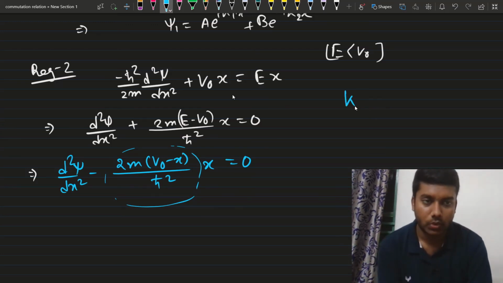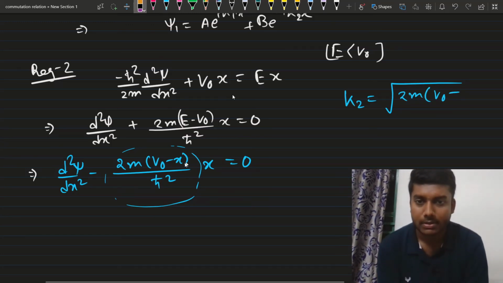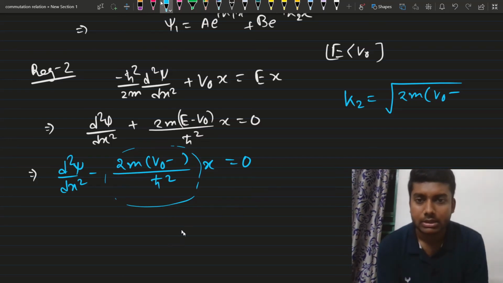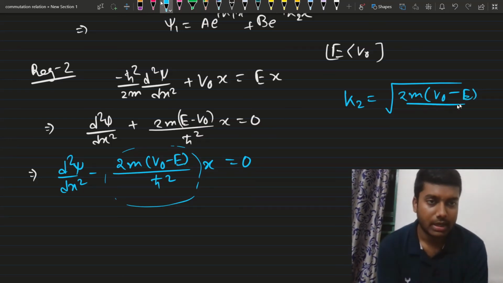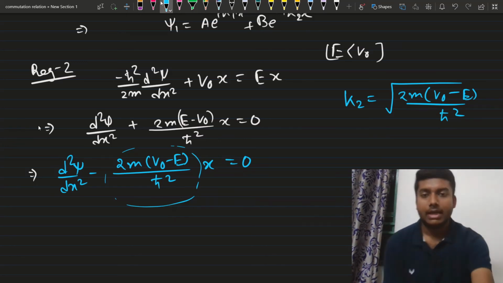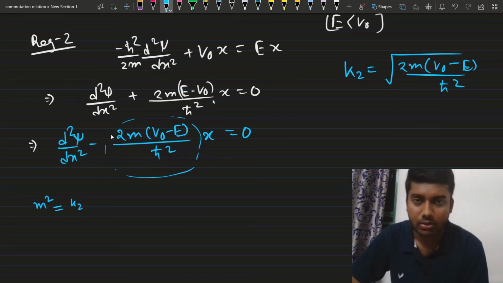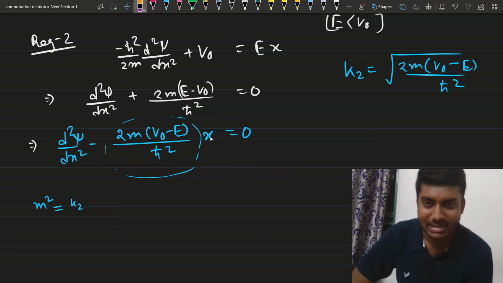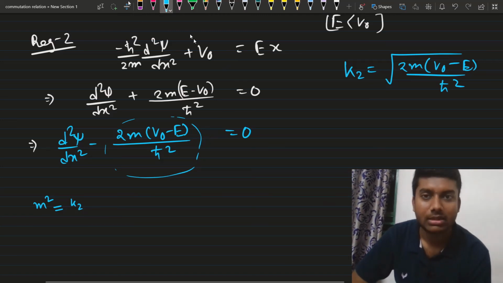So here k2 is equal to root over 2m (V naught minus E) over h bar squared. Sorry, I made a typing error, this will not be x, this will be E, and these will all be psi.